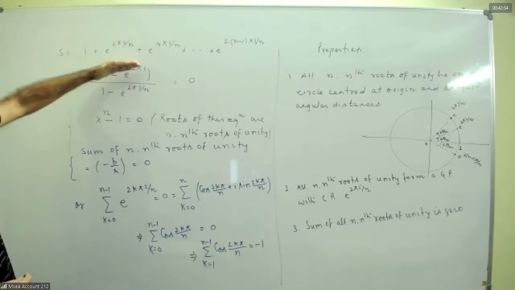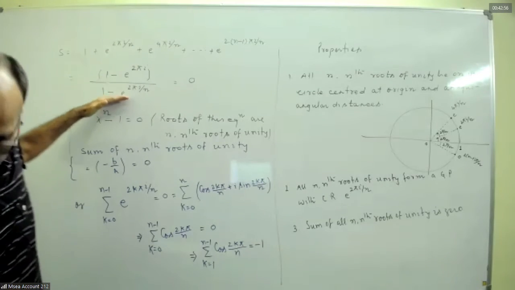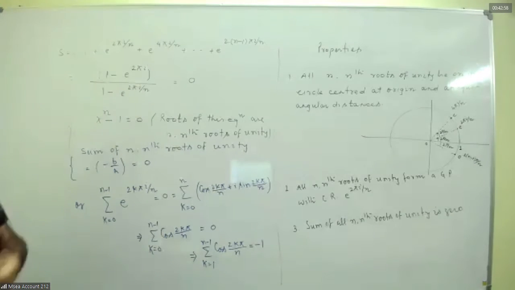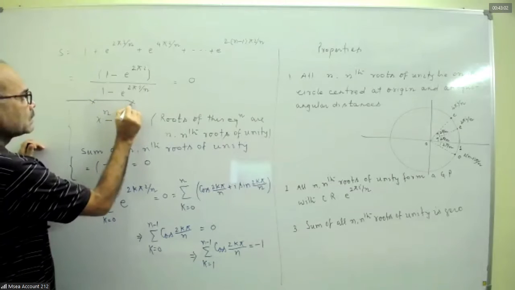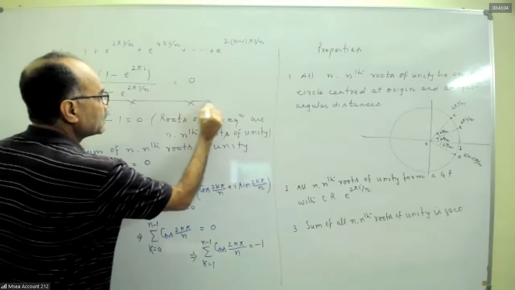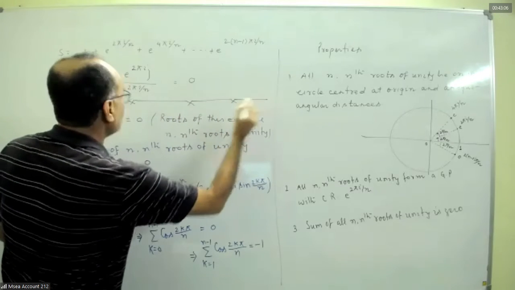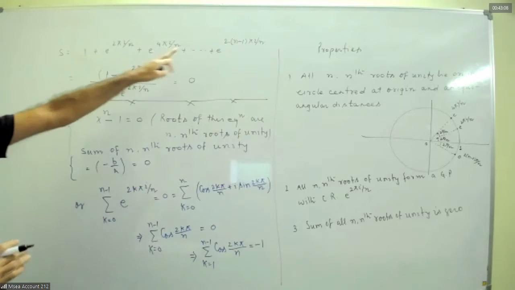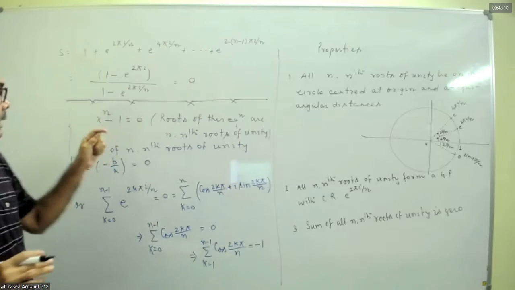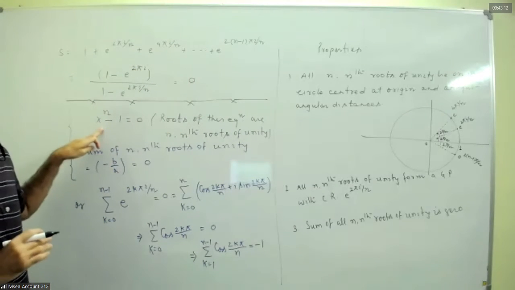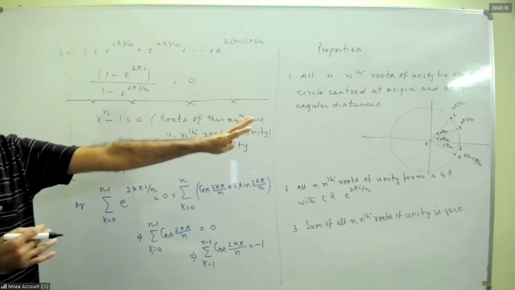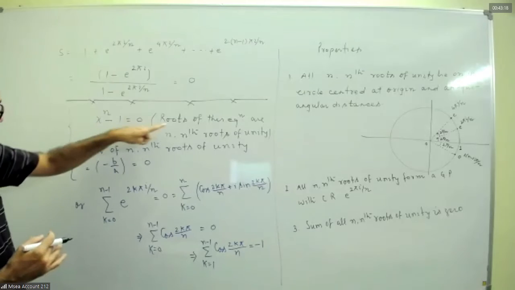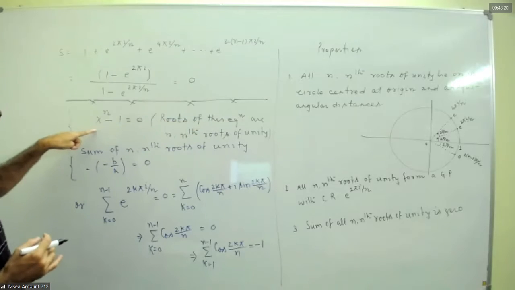These two are not connected. This is over. Now, just to remember how the sum of n roots of unity is 0, I constructed this equation on my own. It's not derived from anything. What are the roots of this equation?